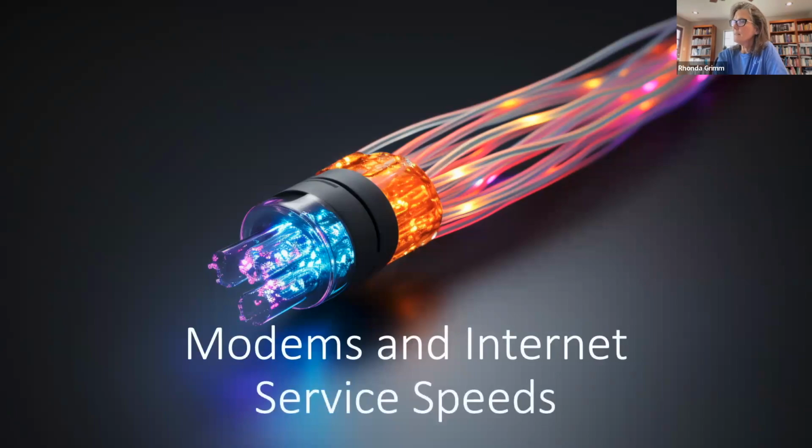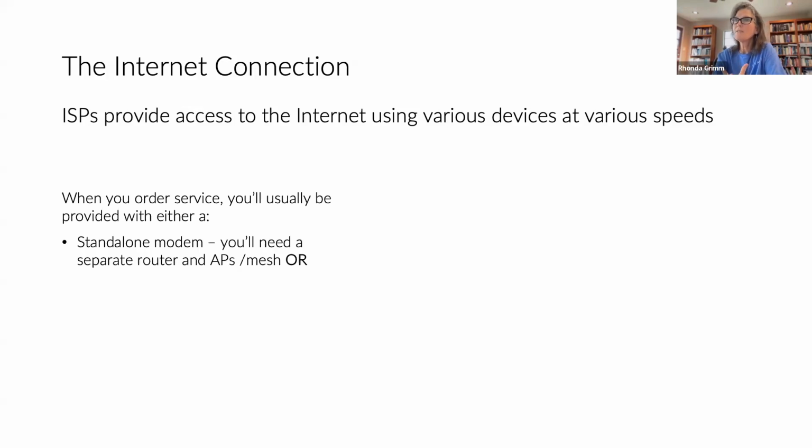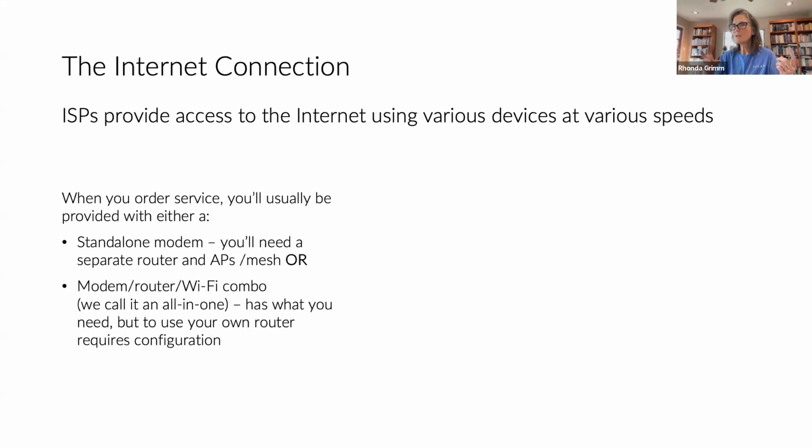So, modems and the internet service speeds. The ISP provides a couple of different functions. When you order service, they're either going to give you a standalone modem, in which case you'll need a separate router and access points or mesh, or they're going to give you one of these things called a modem router Wi-Fi combo. We call it an all-in-one internally, but it has everything you need.